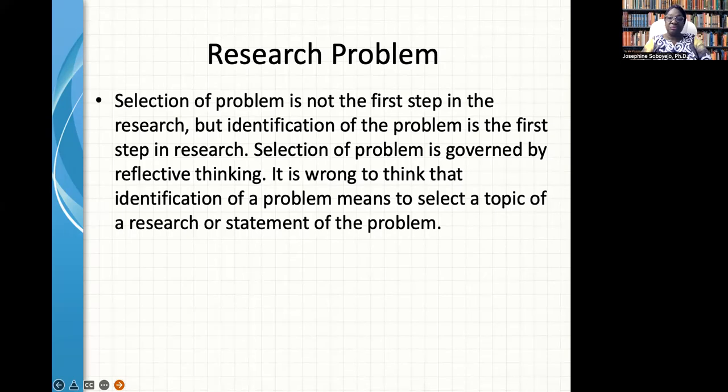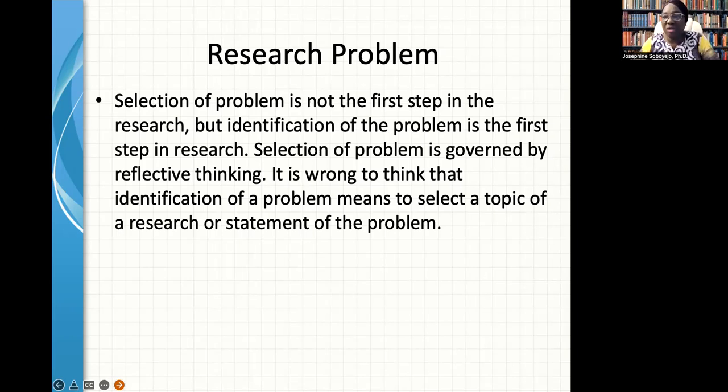It's not. The first step is identification of the problem. Selection of problem is governed by reflective thinking. It is wrong to think that identification of a problem means to select a topic of a research or statement of the problem.